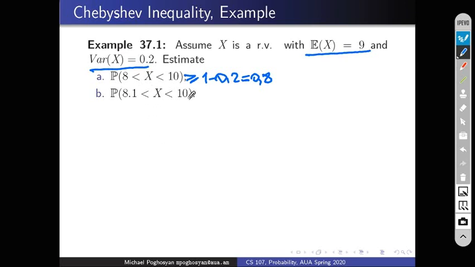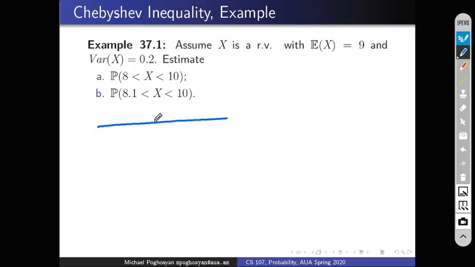Okay, but what about this case? In this case, unfortunately, I will not have a symmetric interval around that expected value 9. So I will have 10 here and 8.1 here. So this is not equal to that. So I need to do something to estimate this probability.